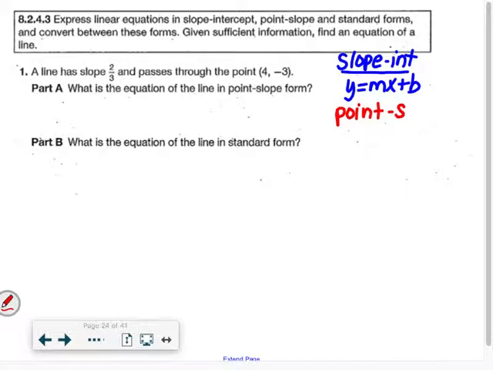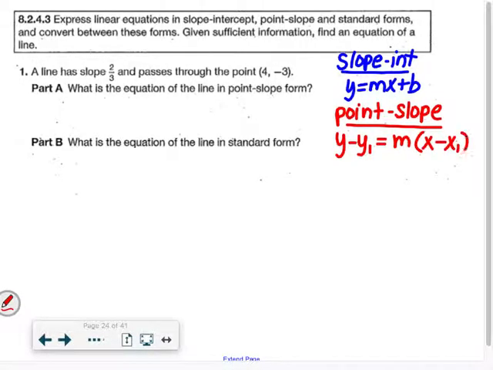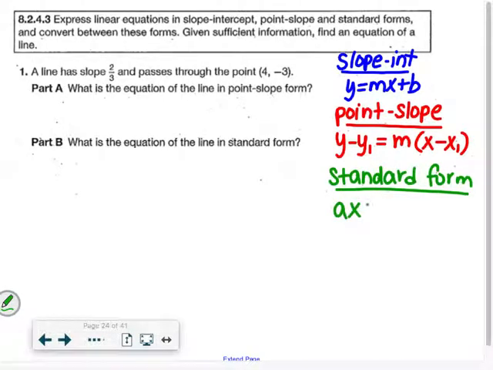Point-slope is y minus y1 equals m times x minus x1 in parentheses. Remember, m is still the slope of your line, and x1, y1 represent 1 point on that line. And then standard form is ax plus by equals c.